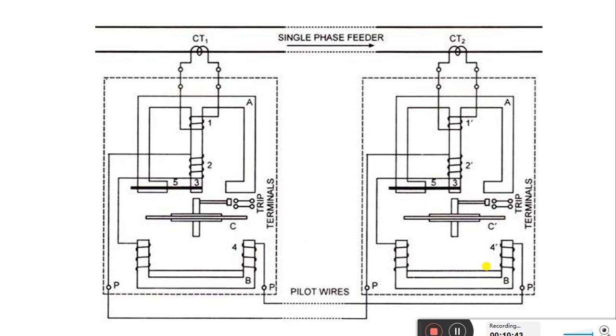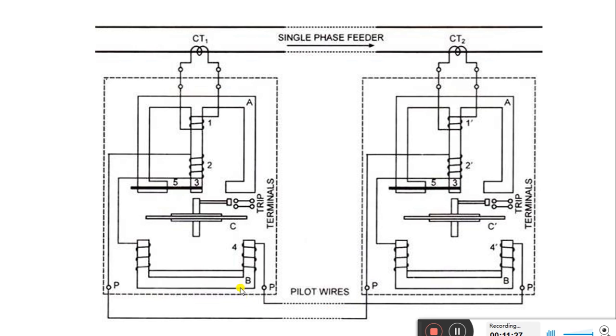Let us verify the circuit connection. This is the 4 coil and this is the 4 dash coil. So the connection at the lower end of the 2 coil is coming here. It goes to one side of the 4 coil and comes out from the other end of the 4 coil. Then it goes to the 4 dash coil of the other Translay system at the lower magnet, then comes to the other end of the coil and goes back to the lower end of the 2 dash coil.